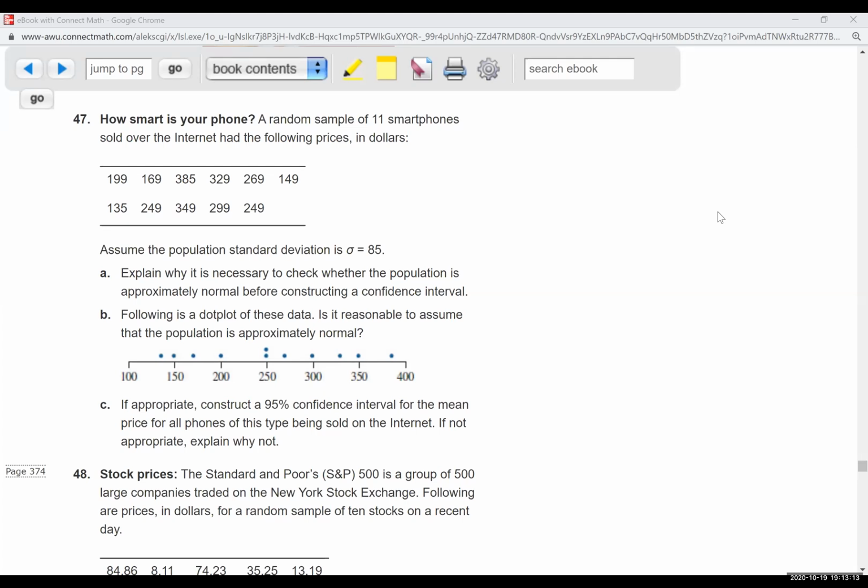By the way, your final exam is, remember, from chapter 8 up to chapter 14. So starting this chapter, this section, 8.1, is about when population standard deviation is known. So you check from the problem that the population standard deviation is known.